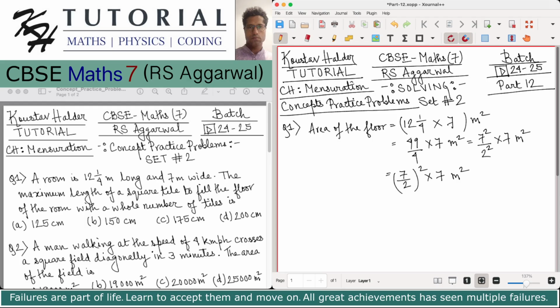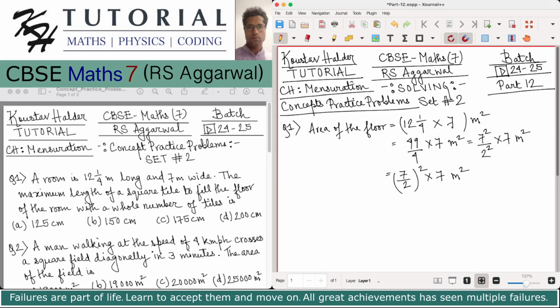The maximum length of a square tile to fill the floor of the room with a whole number of tiles, with a whole number of tiles, 7 cube, maximum.